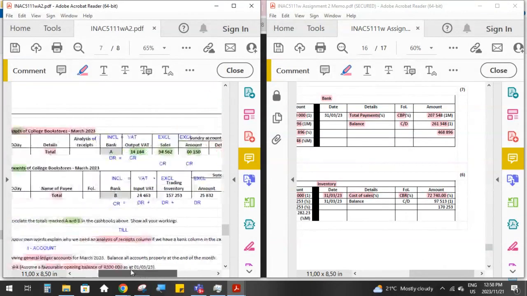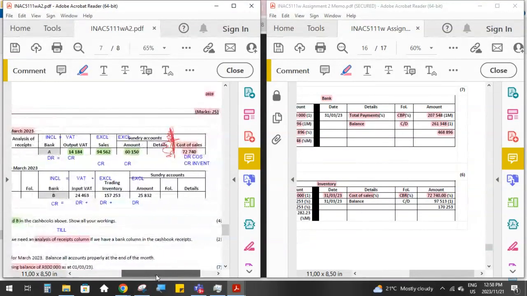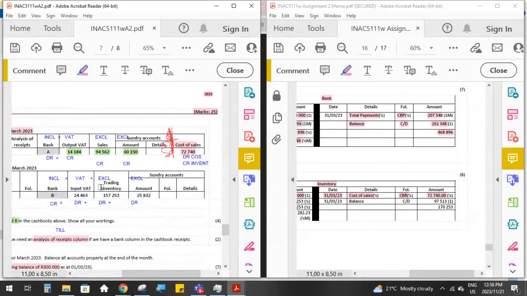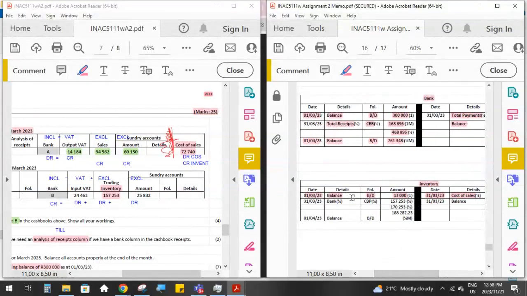Then in my cash book payments, I have got the total of all of the inventory that I purchased in the month. So the total that I purchased, excluding VAT, is the amount by which my inventory account is going to increase. So on the debit side of my general ledger account, again, it's happening at the end of the month because I'm posting month-end column totals.